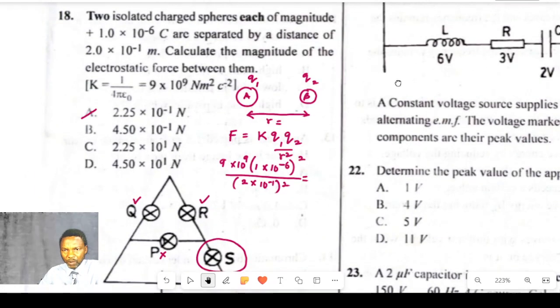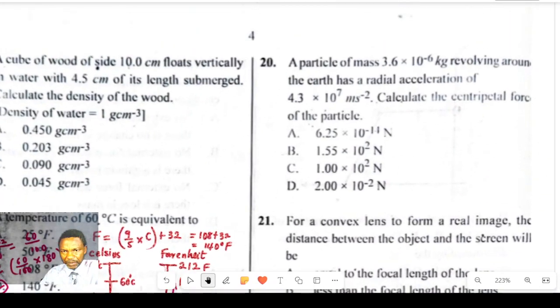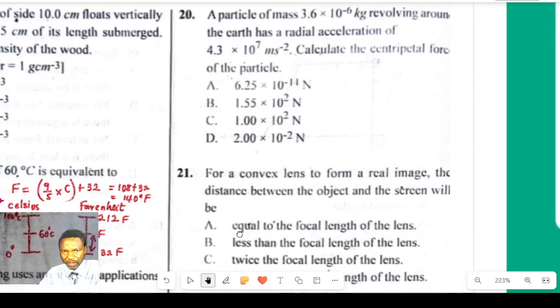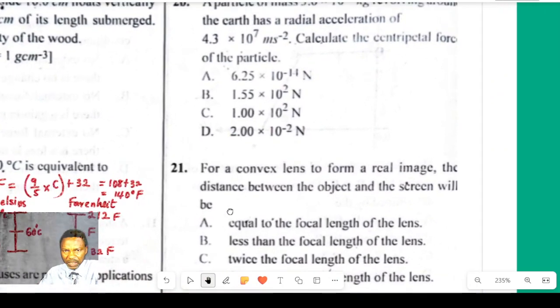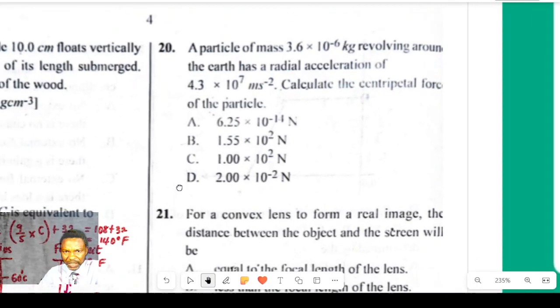So let's go to question number 20. A particle of mass this revolving around the Earth has a radial acceleration of this. Calculate the centripetal force of the particle.